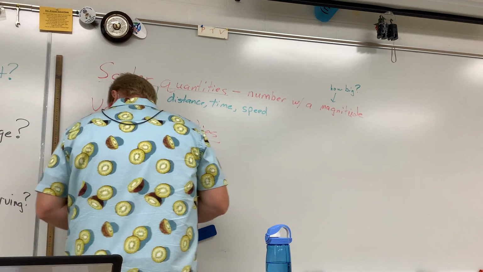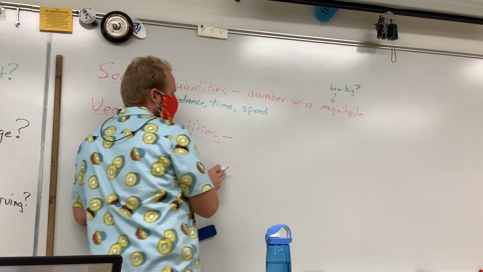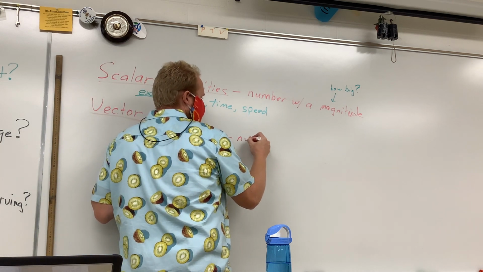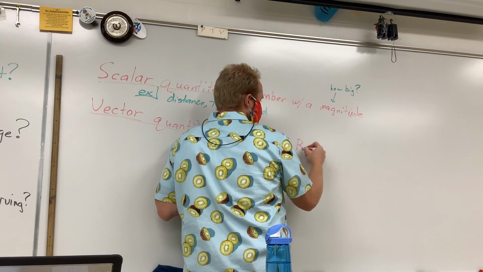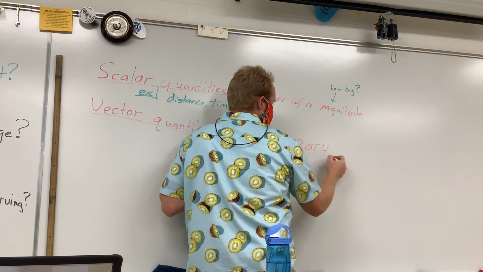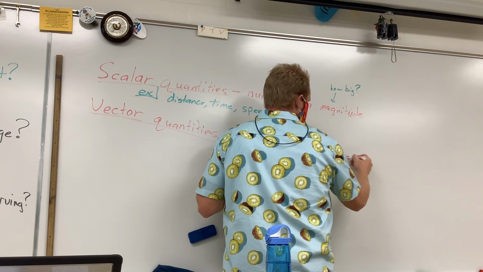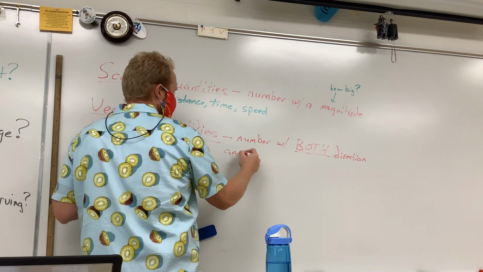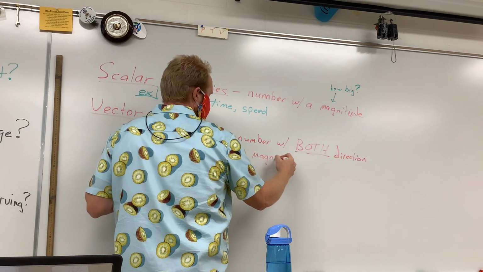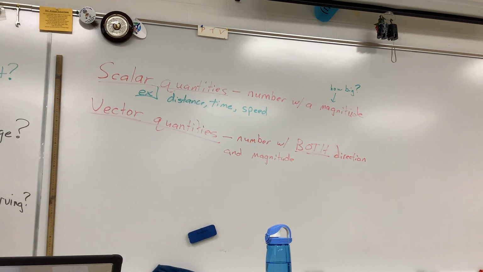A vector quantity is a number with both direction and magnitude.